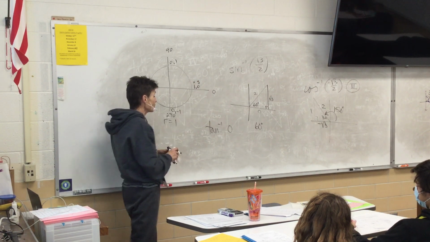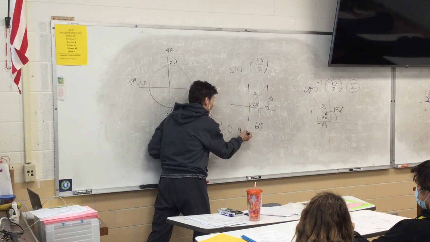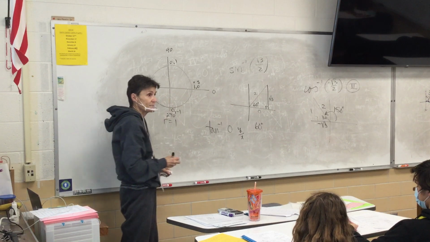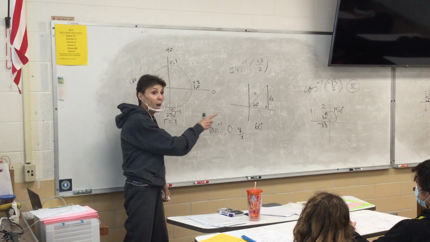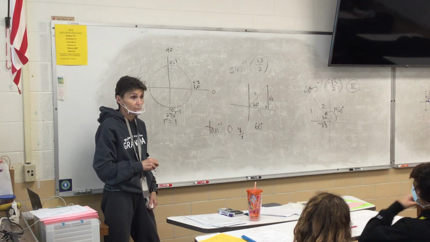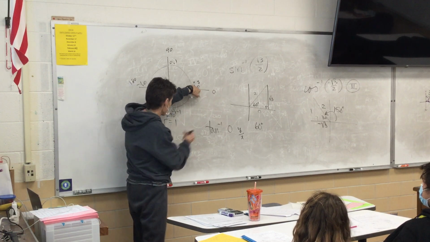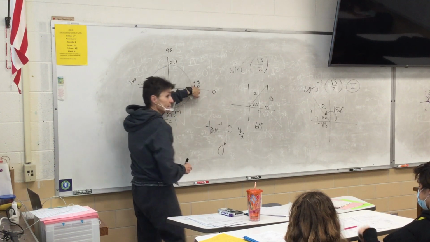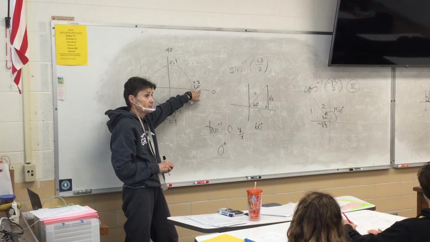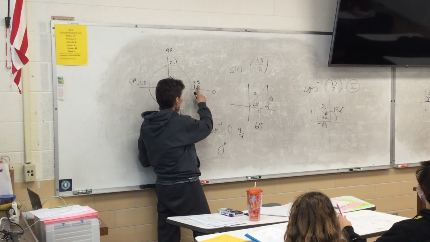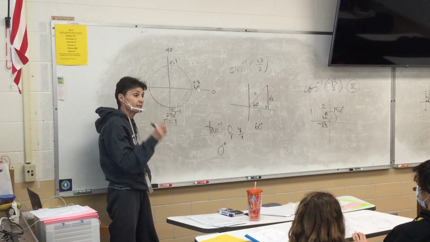Now, in order for the tangent to be 0, that means y over x has to be 0, which means y has to be 0. Is y 0 right here? Yeah. So the answer to the problem is 0 degrees, because if you put y over x, you get 0 over 1, which is 0.